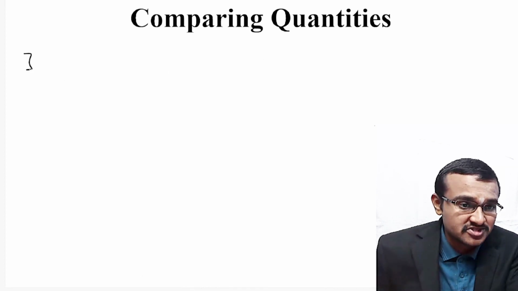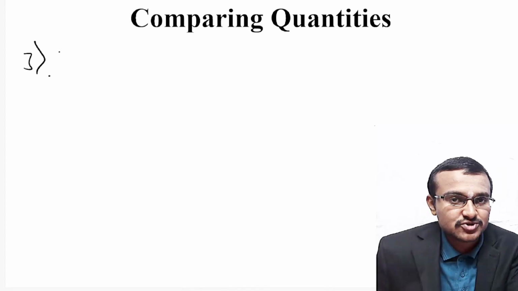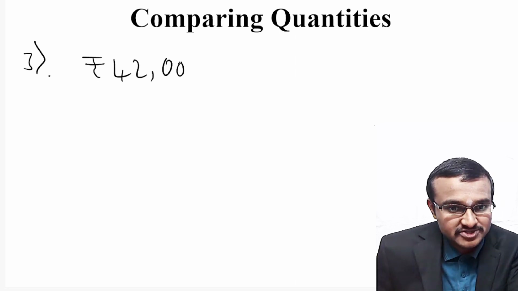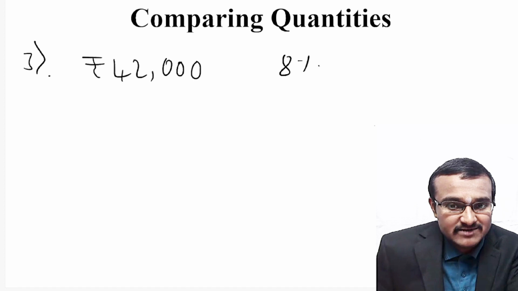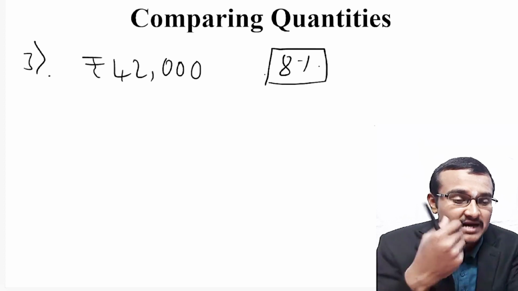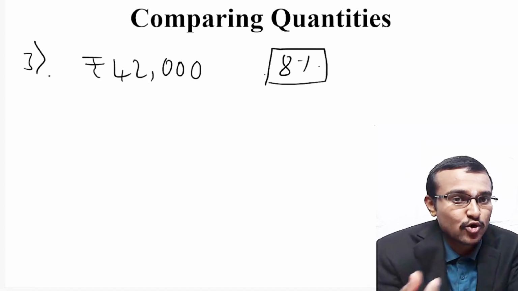So coming to the third question in this particular exercise. Here they have given that a scooter cost was 42,000. At the rate of 8%, this scooter's value has been reduced, because every year a property's value goes on reducing.